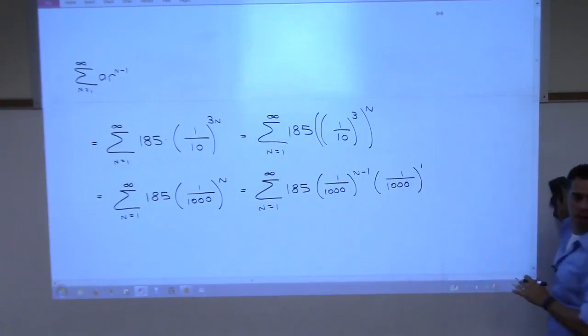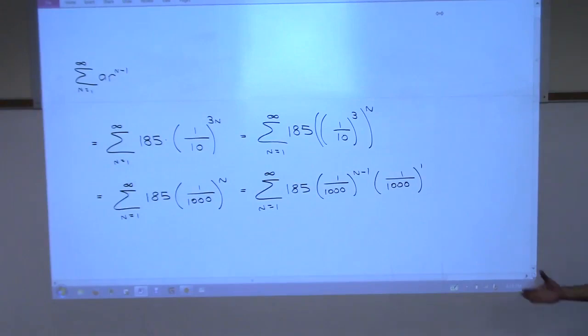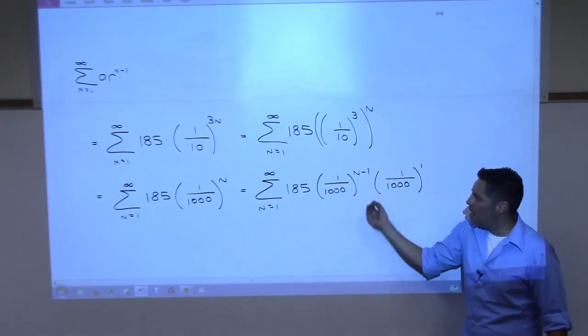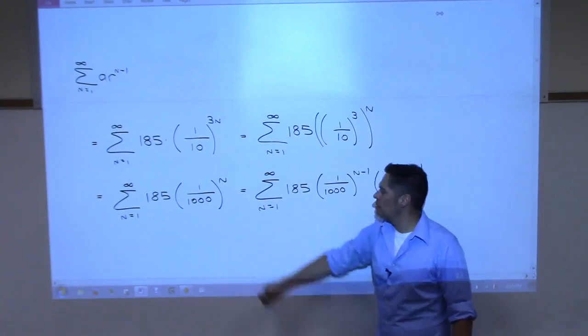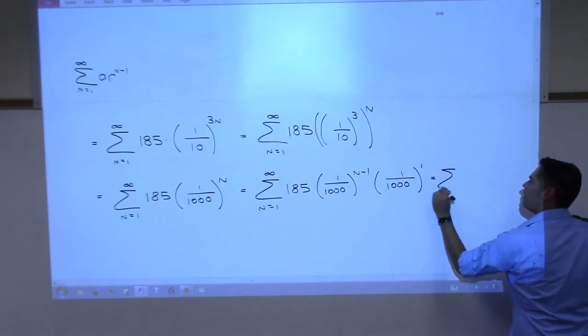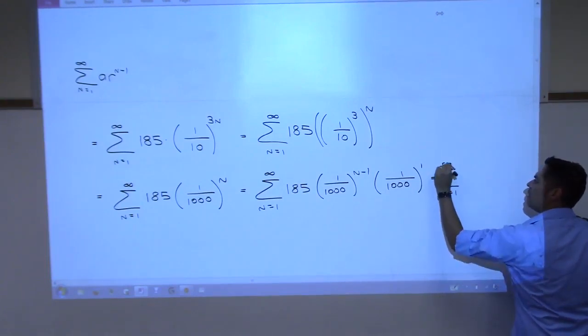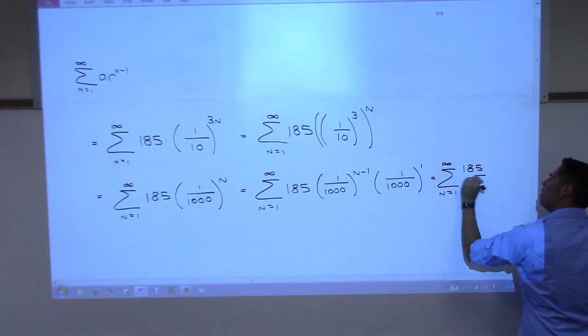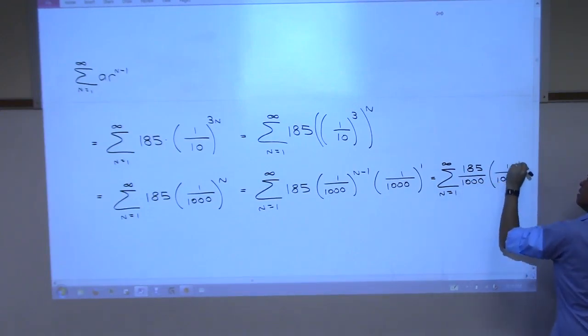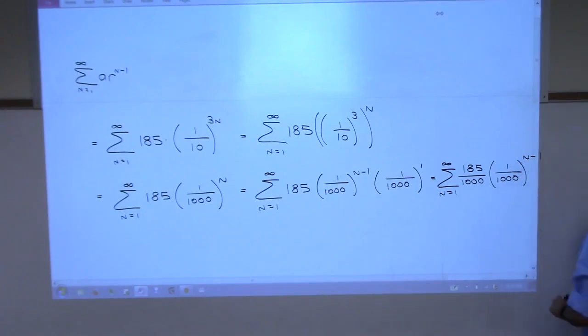So I don't need the 1. If I put these back together, I'm just going to get this. I've got the n minus 1. So your A is 185 over 1,000. Sum n equals 1 to infinity of 185 over 1,000 times 1 over 1,000 to the n minus 1.